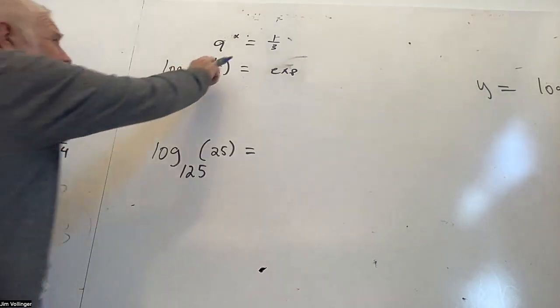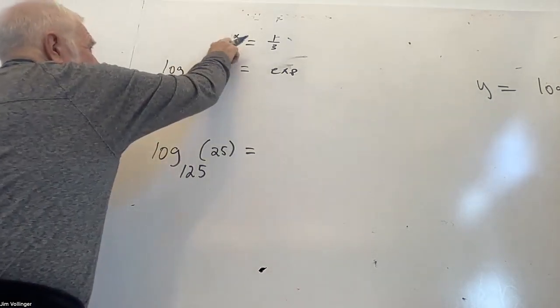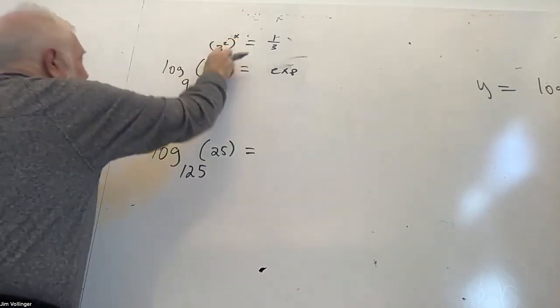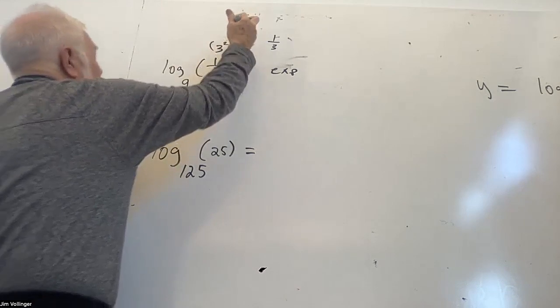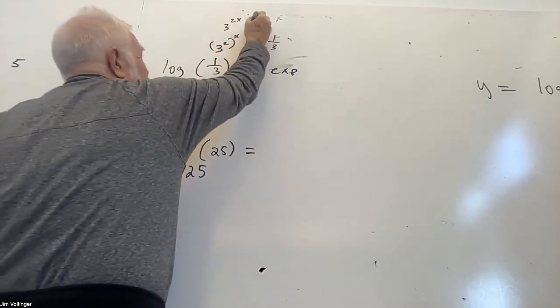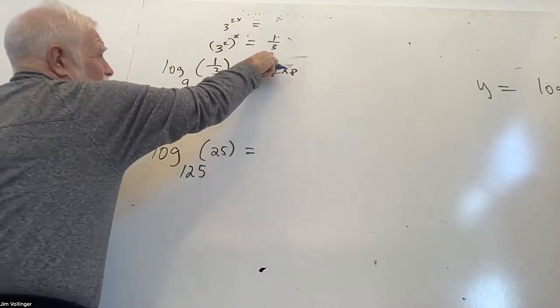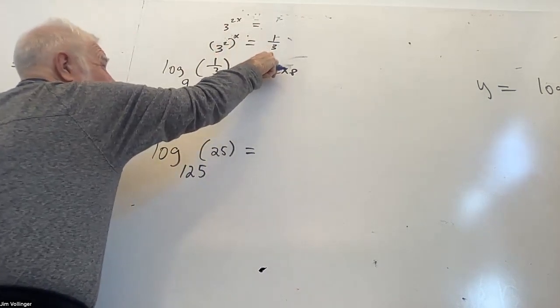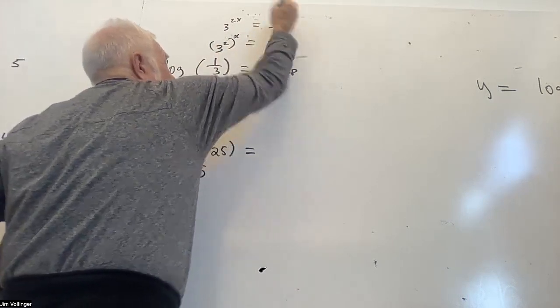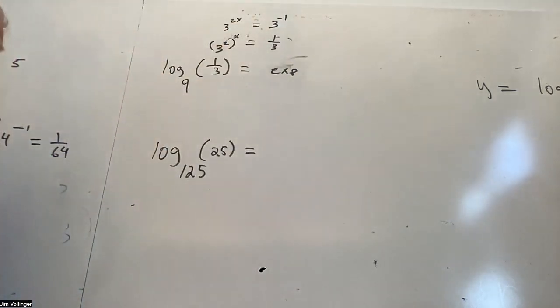So I think 9 can be written as 3 squared. And I think, if I'm not mistaken, you multiply here. So that's 3 to the 2x. And I think we've done this enough now that we can probably say another way of writing 1/3 is 3 to the negative 1.